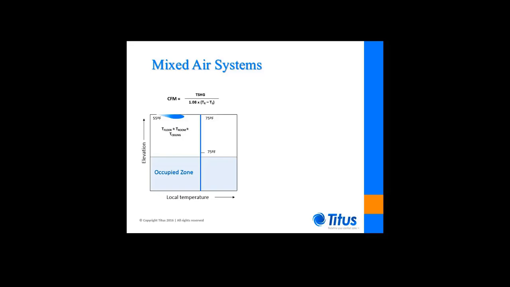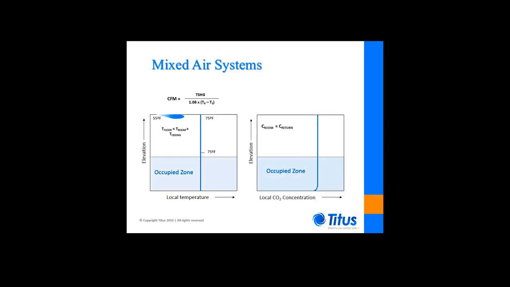Also note that the airflow requirement is inversely proportional to the temperature difference between the supply air entering the space and the return air leaving it. We generally consider this delta T to be that between the supply and room air. In the case of mixed air systems, that generally works because the return air temperature is very close to that of the room.